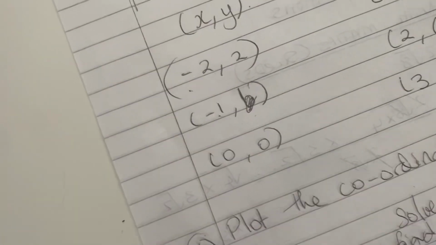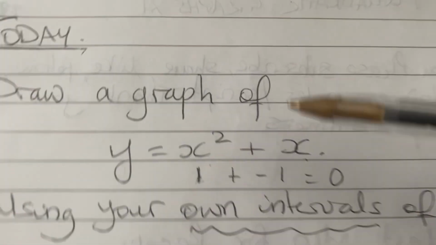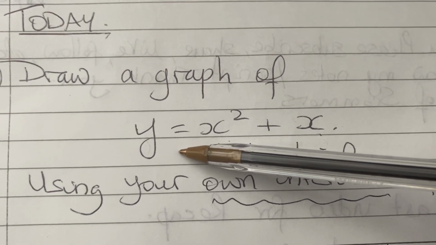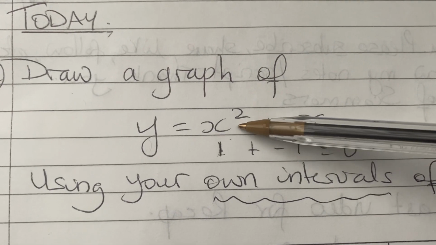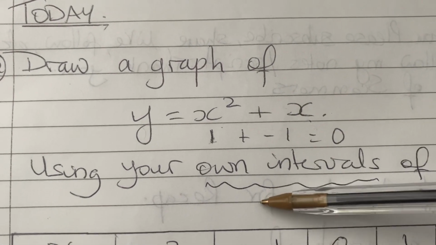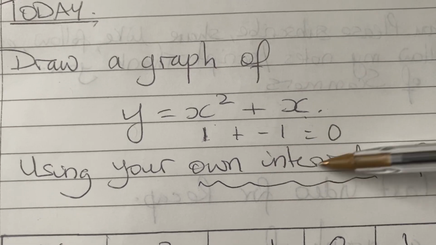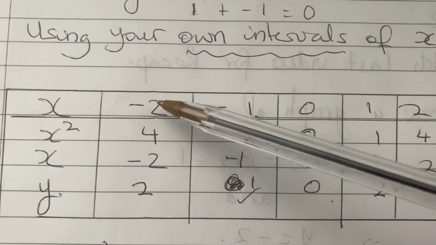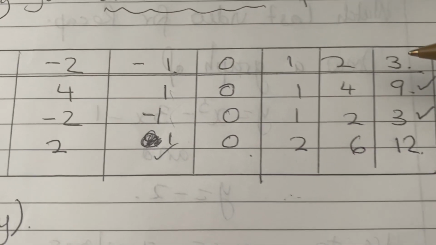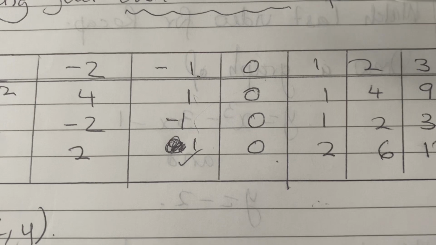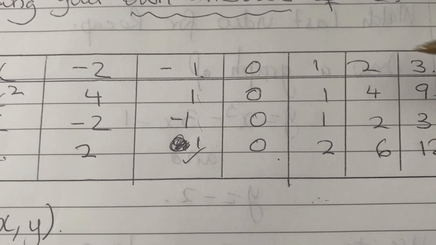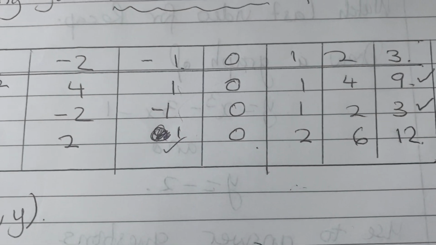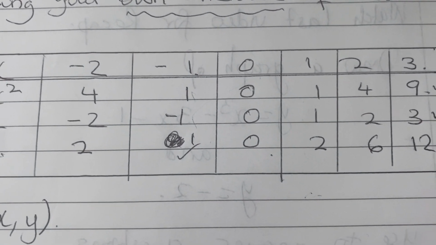Now, this is the graph we are looking at today. They said we should draw a graph y equals x squared plus x using your own intervals. I chose -2 to 3, because normally if you look at the questions, they either give you -2 to 4 or -2 to 3.